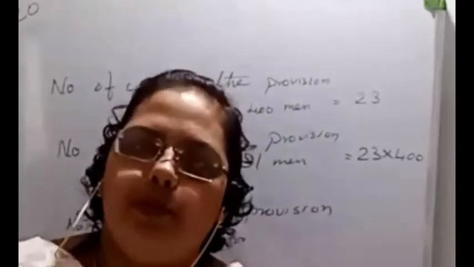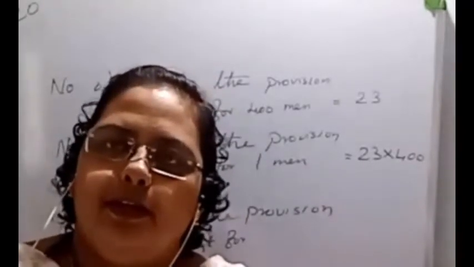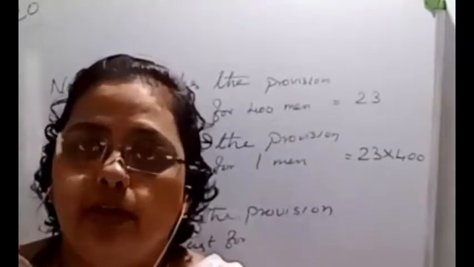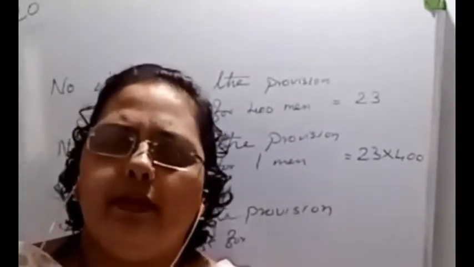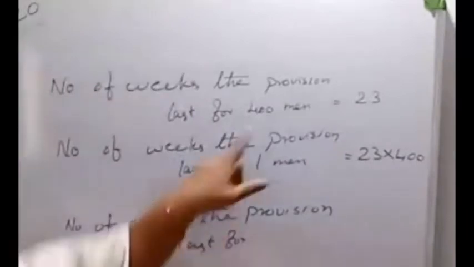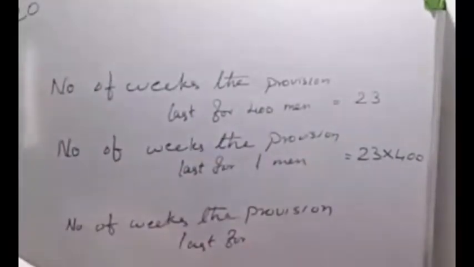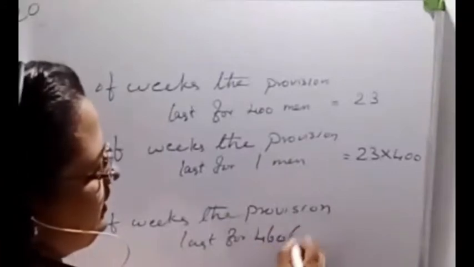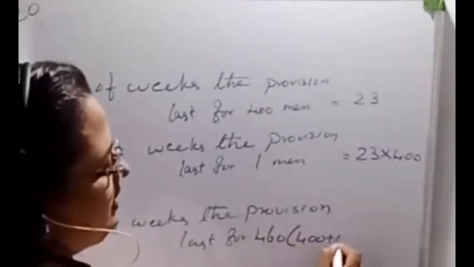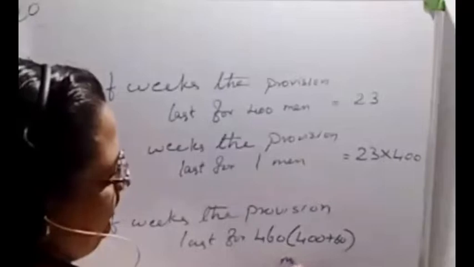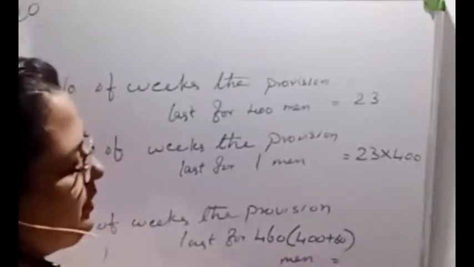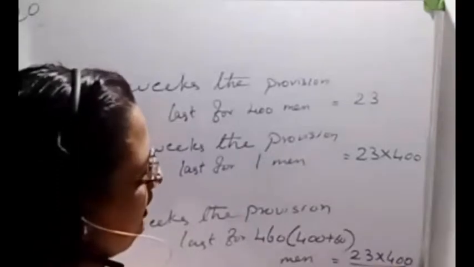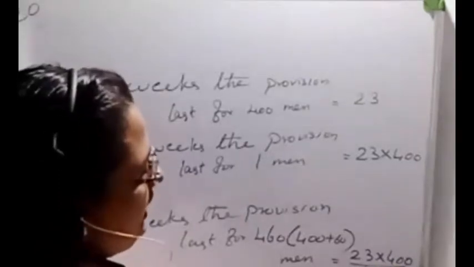So what will be the total number of men there? 60 plus 400, that is 460. So in the bracket you write 400 plus 60 men. That is equal to 23 multiplied by 400 divided by 460.